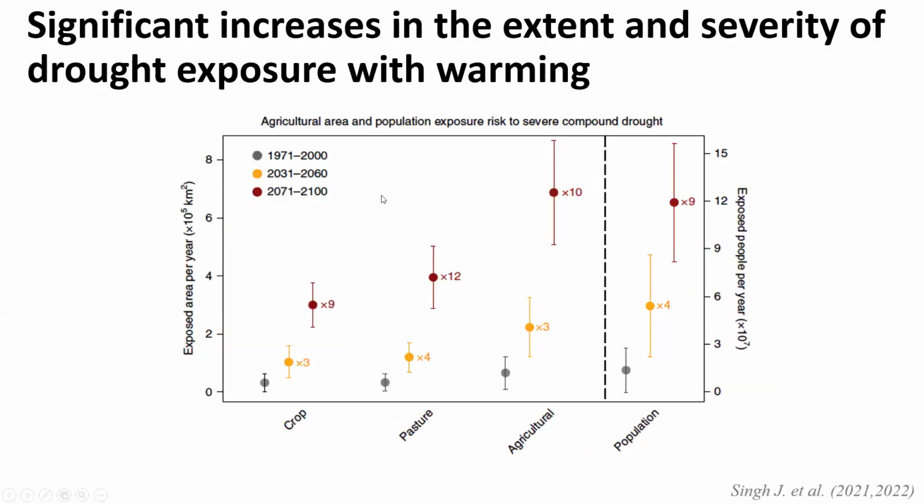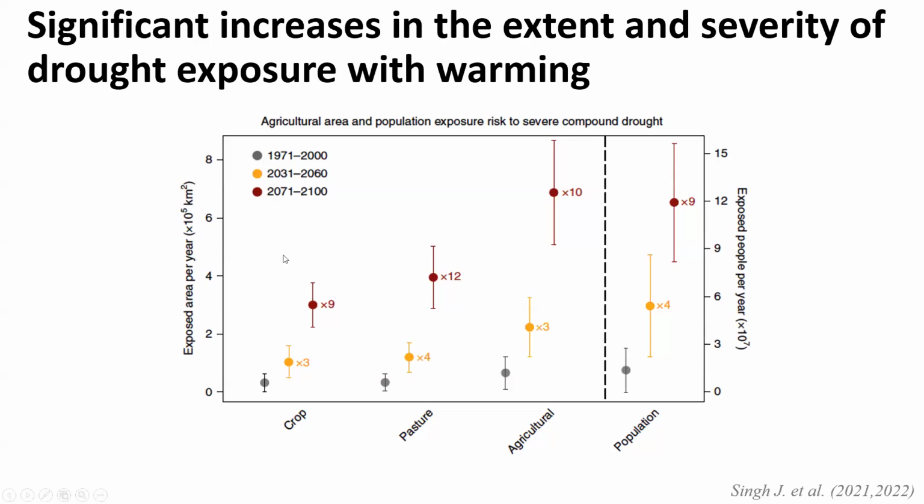Yeah. And we also looked at how population exposure to droughts and agricultural exposure to droughts are expected to change. And so we've looked here at the total exposure to droughts in the future because of El Nino and La Nina driven droughts.